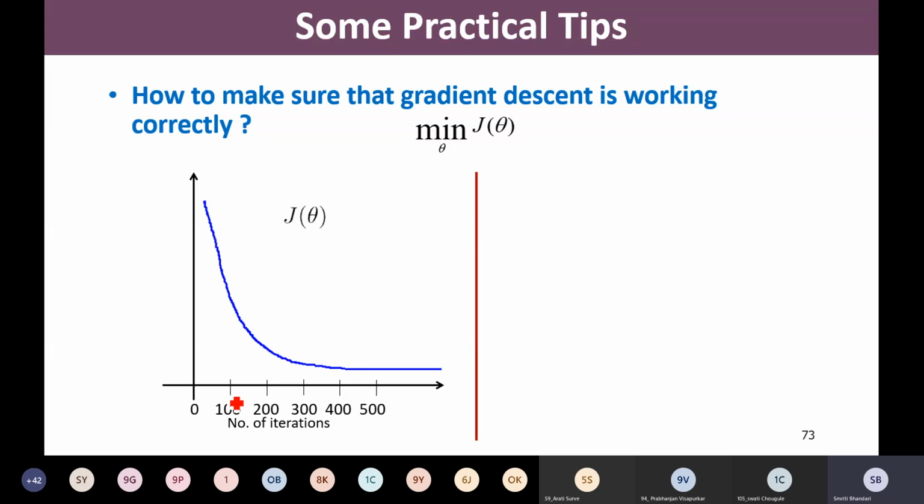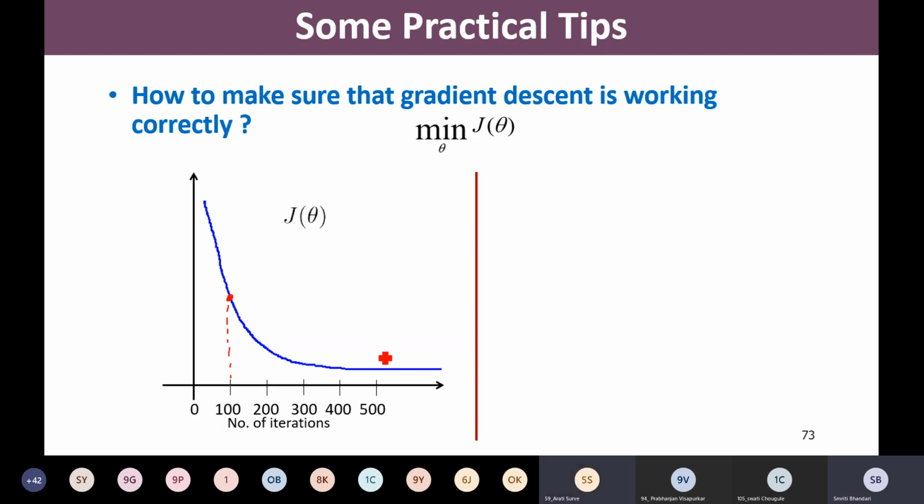As we know, we are going to iterate in our gradient descent till we reach the minimum. Let us assume that we have performed 100 iterations, with the number of iterations on the x-axis. Whatever is the value of g of theta after 100 iterations is plotted.